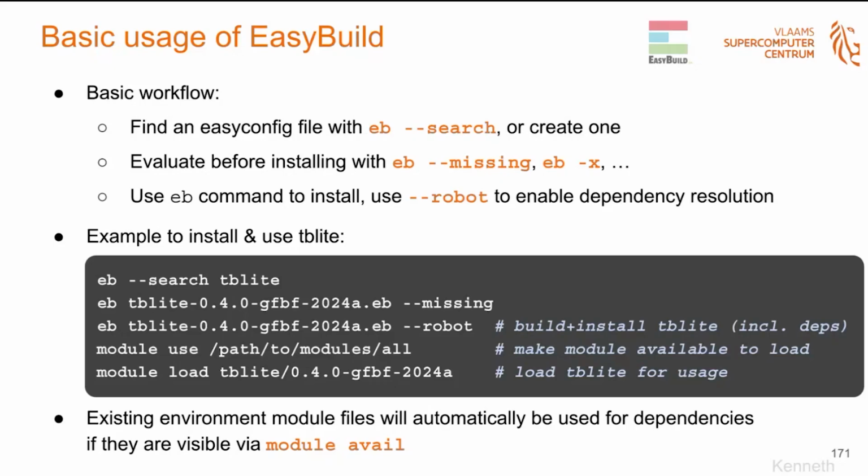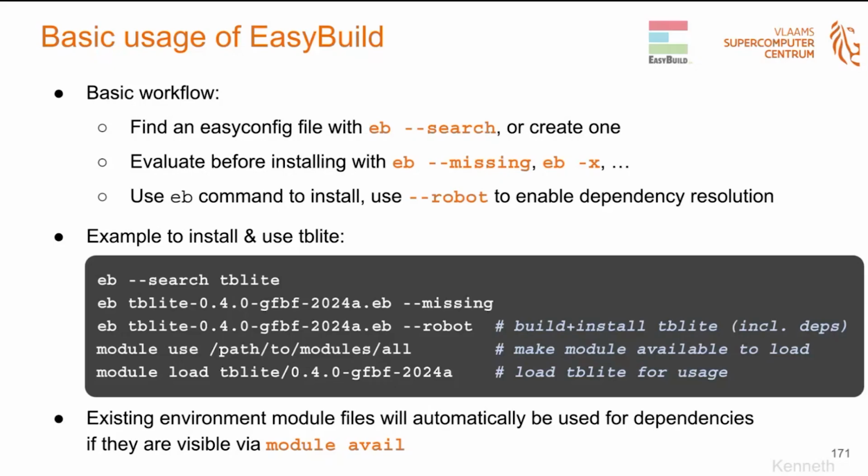Once you have a particular easy config file, you can check which dependencies are still missing with the --missing option. Or with -x, which we call extended dry run, you can ask EasyBuild what it will do to perform the installation without it actually doing anything at all. So you can get a pretty quick overview of what will actually happen before it does something.